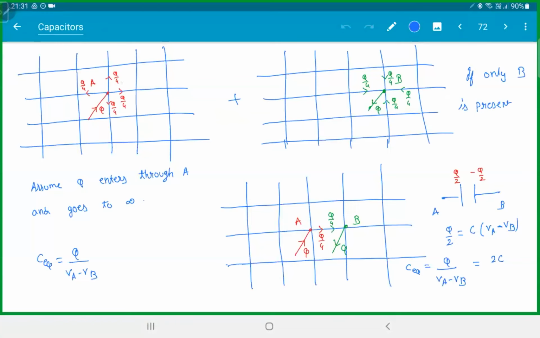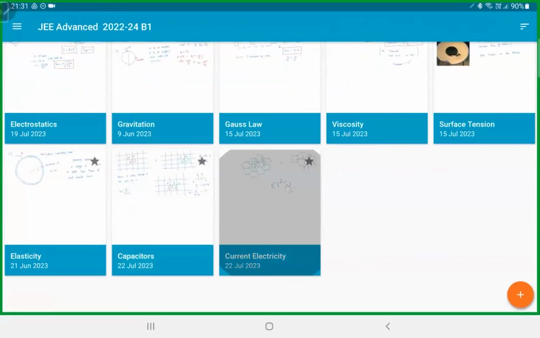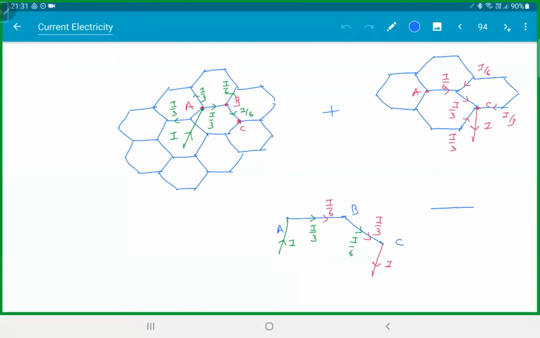We assumed charge keep flowing to Q by 4, Q by 4. Then we said Q by 4, Q by 4. In the central branch, you get Q by 2, na? Isn't that the principle of superposition? If you send current I, find the current in the branches. If you pull current I, find the current in the branches. If you do both at the same time, you get the total current.